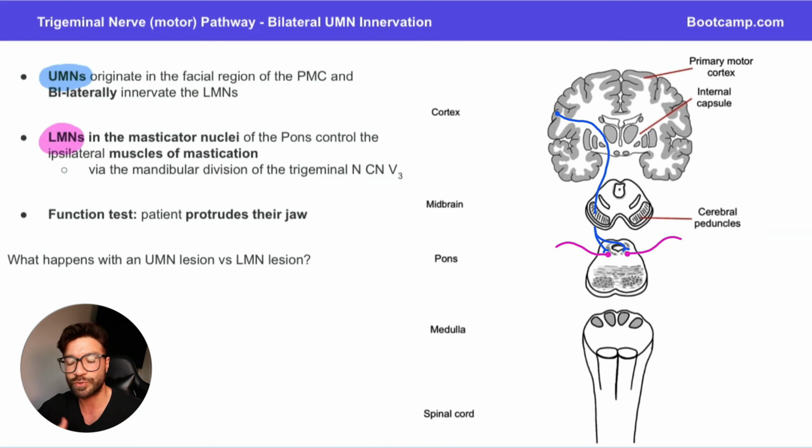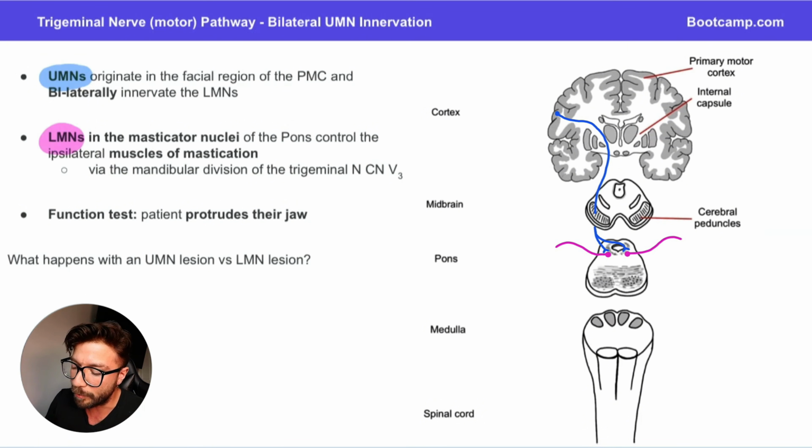Now, how can we test whether we have a lesion in the trigeminal motor pathway? Well, we can perform a function test where we ask the patient to protrude their jaw, so stick their jaw anteriorly, and if you see weakness on either side, that means that there's some sort of lesion. But where might the lesion be located?